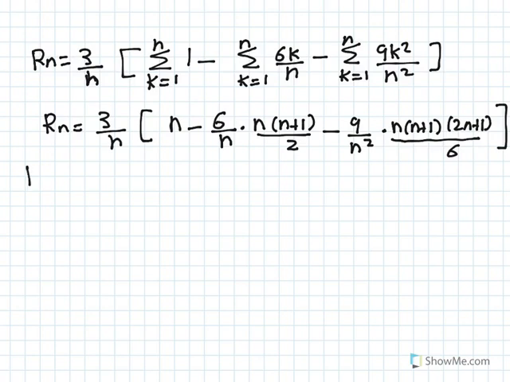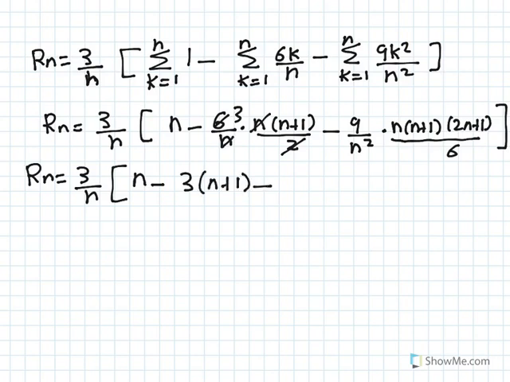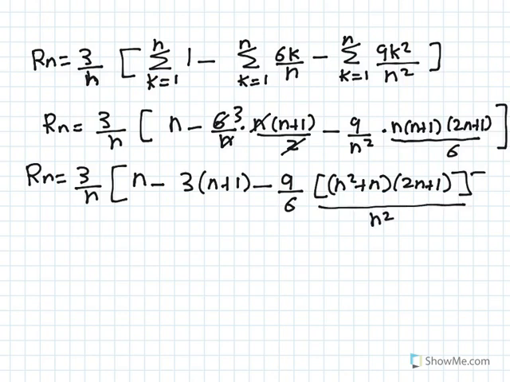We have Rn is equal to 3 over n times n minus, the 2 cancels with the 6, we get 3, so we get minus 3, and the n cancels out, minus 3 times n plus 1, minus 9 over 6, and we get n squared plus n, times 2n plus 1, divided by n squared.